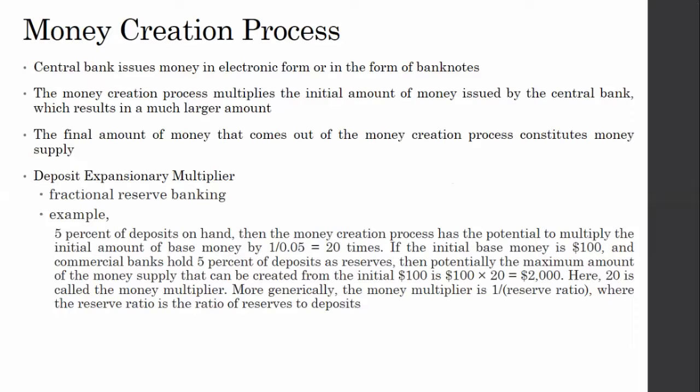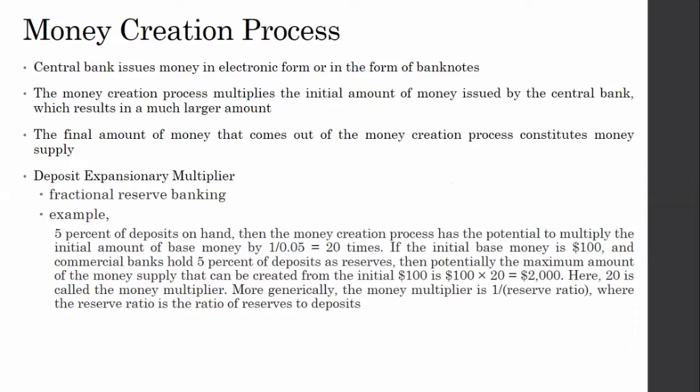So this reserve requirement, we call it fractional reserve banking, because among the deposit, a fraction will be kept as a reserve. So that is the fractional reserve banking. This deposit expansionary multiplier can be taken through 1 divided by this reserve ratio.